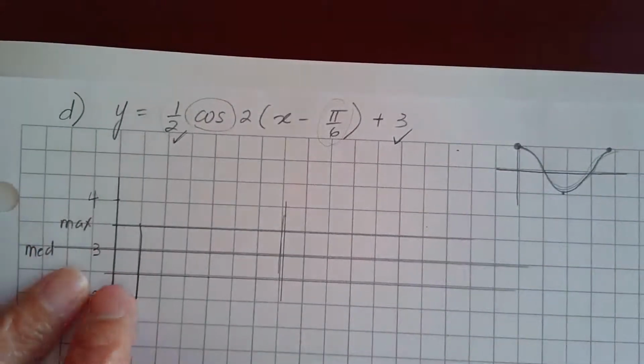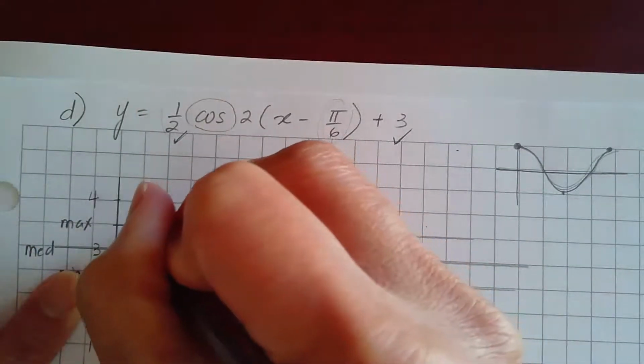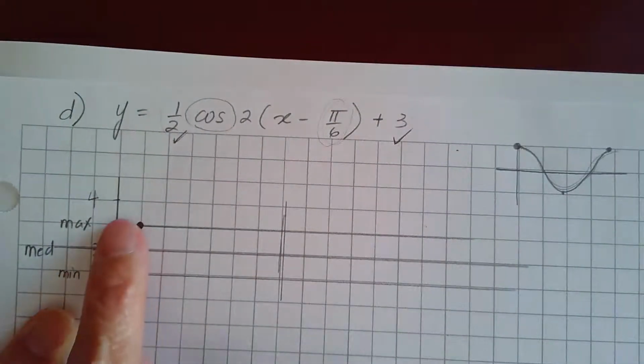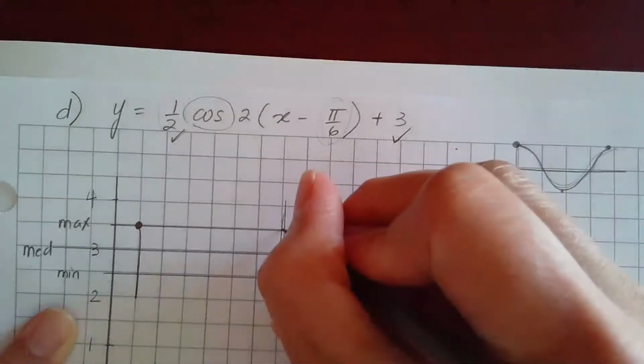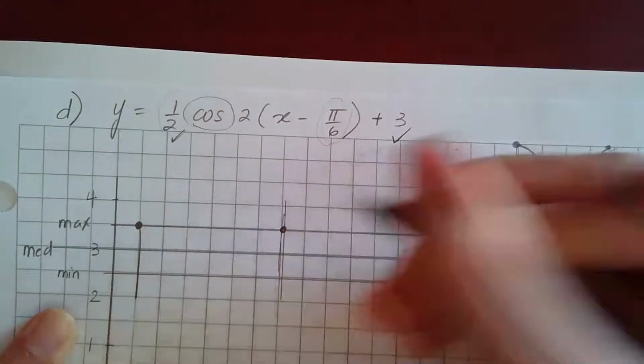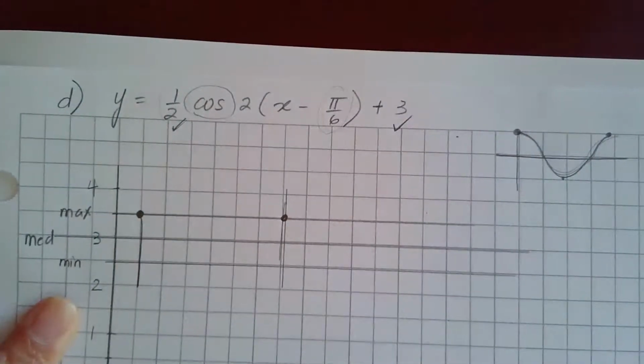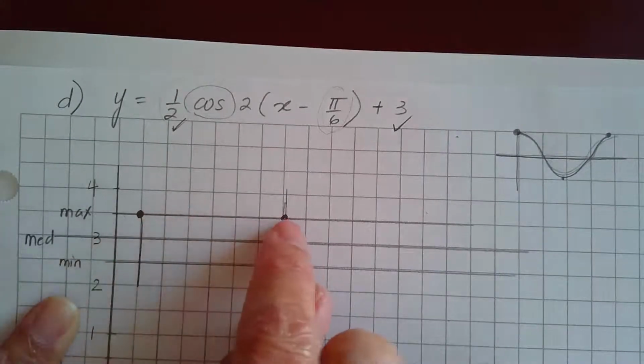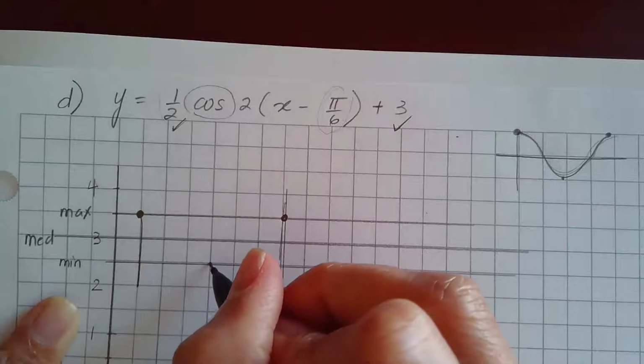So where's my maximum here? My maximum is up here at 3.5, and then I gotta end at the maximum. In the middle of that, that's where the minimum is gonna be.